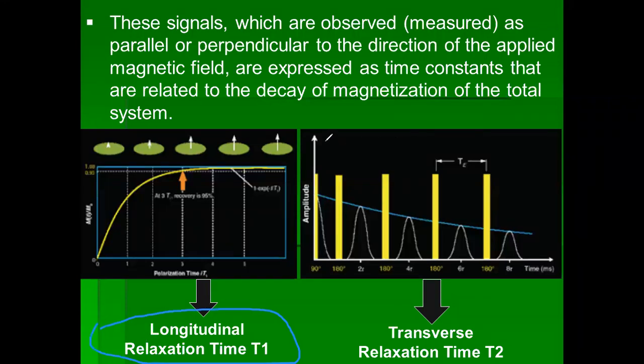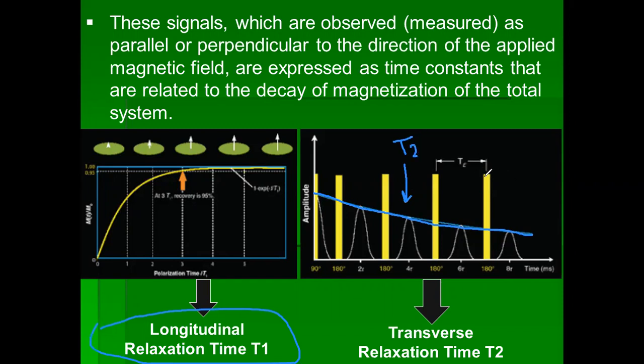While for applying the radio frequency pulses, starting with the 90-degree pulse and then 180-degree pulses, there will be echoes produced of decreasing amplitude, and they will produce another exponential curve with a time constant called T2, or transverse relaxation time.